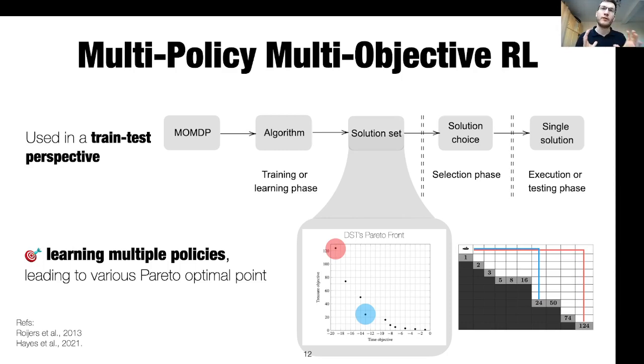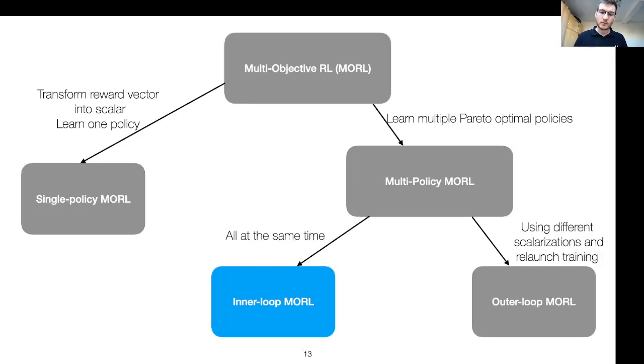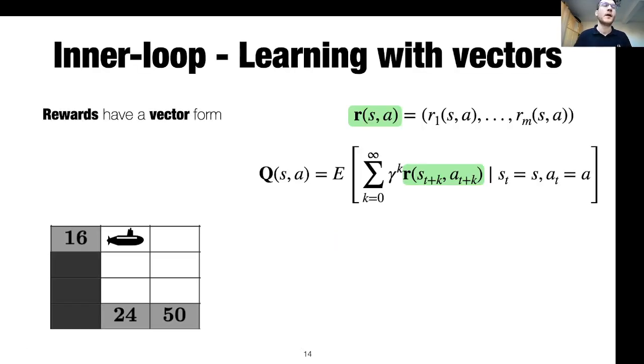Our goal here for the first phase is really to learn multiple policies, which lead to the various Pareto optimal points, so as to offer a wide variety of choices to the user. Let us now see how the inner loop MORL that we use in our paper works. We deal with rewards in vector form, so the reward has M components because we have M objectives.